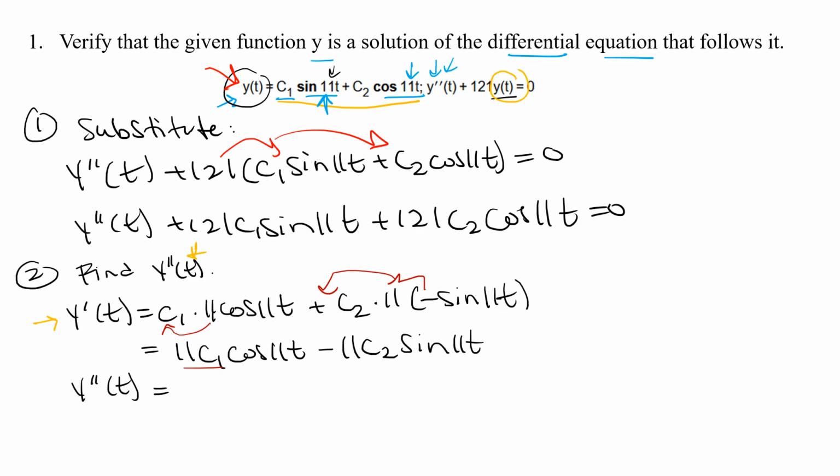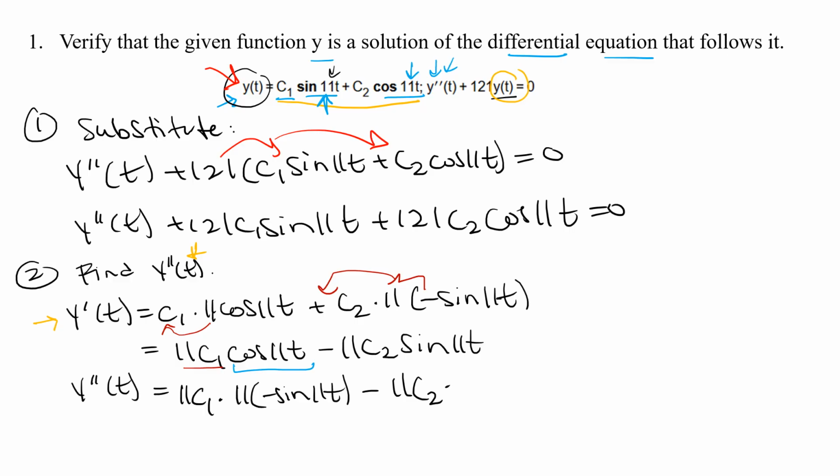Here, these are just constants, and so when we take the derivative of our cosine 11t, remember, kind of like the chain rule, right? Take the derivative of the inside times the derivative of the outside. So when we do that, bring down our 11 c1 times the derivative of the inside, which is 11, and the derivative of cosine is negative sine. All right, and do the same thing over here, bring down those constants.